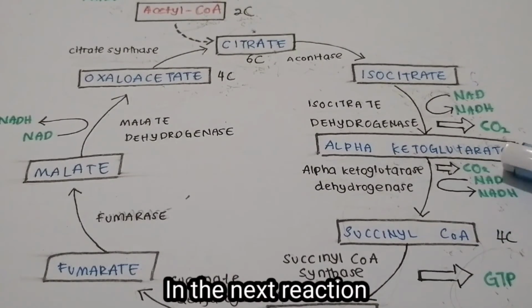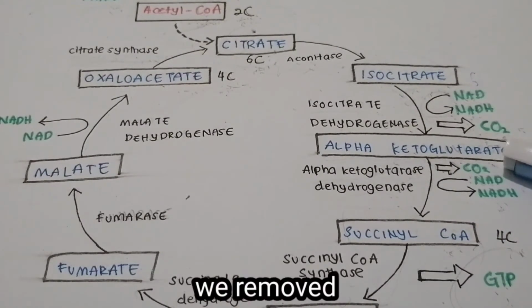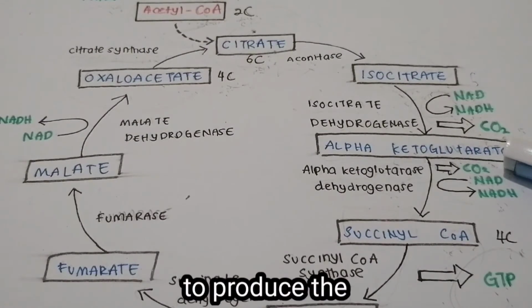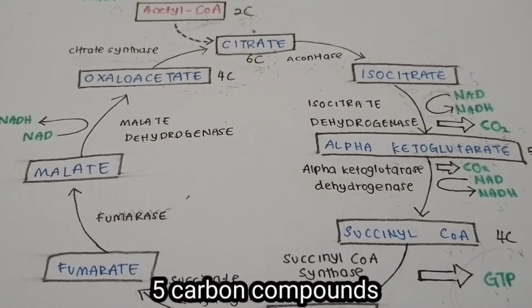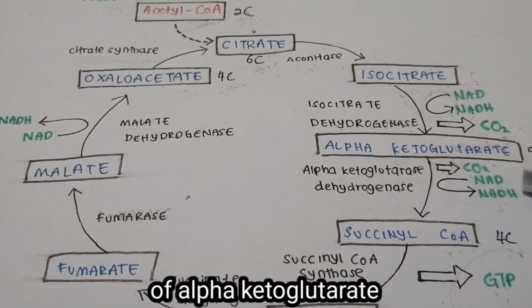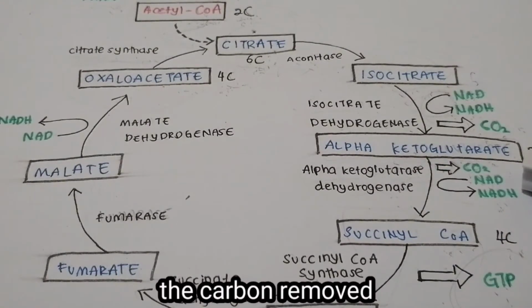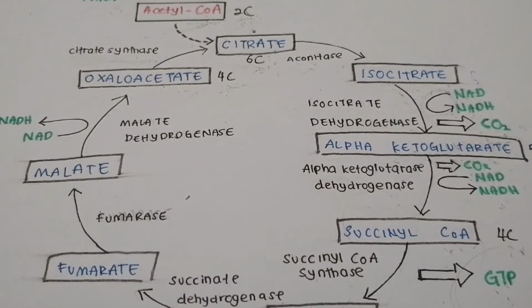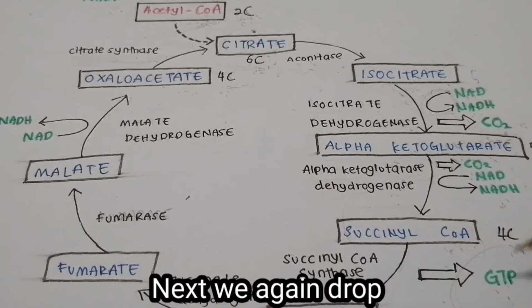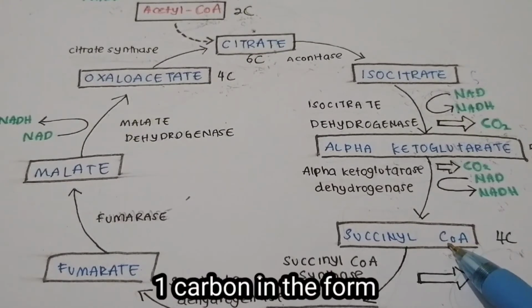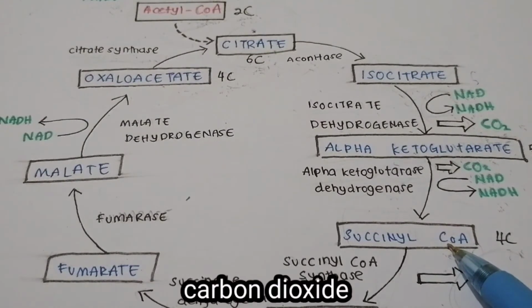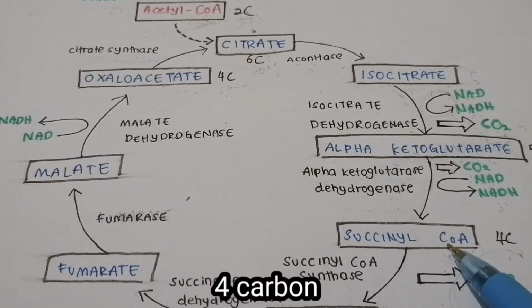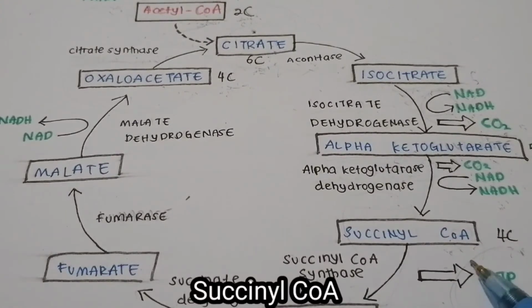In the next reaction, we remove one carbon to produce the 5 carbon compound alpha-ketoglutarate. The carbon removed is lost in the form of carbon dioxide. Next, we again drop 1 carbon in the form of carbon dioxide to produce 4 carbon succinyl-CoA.